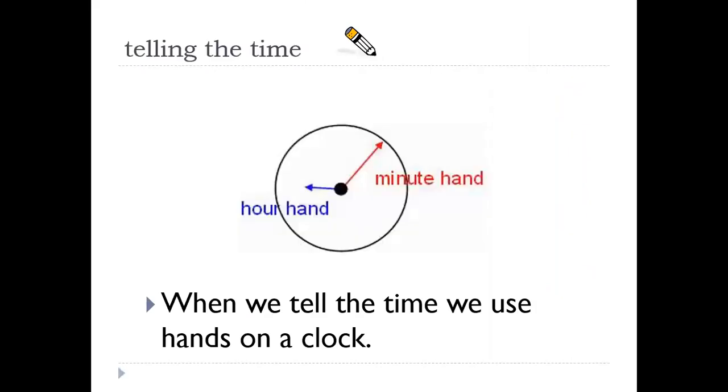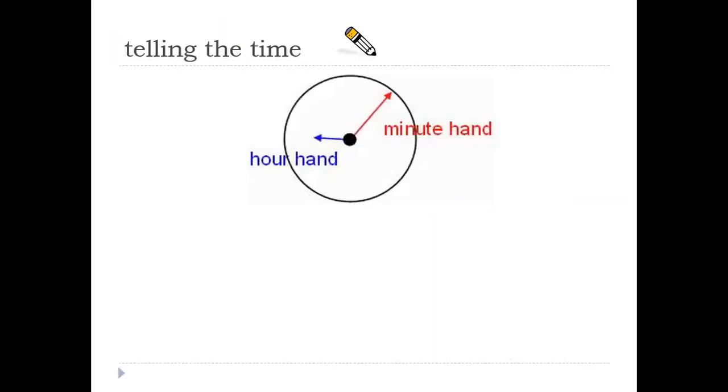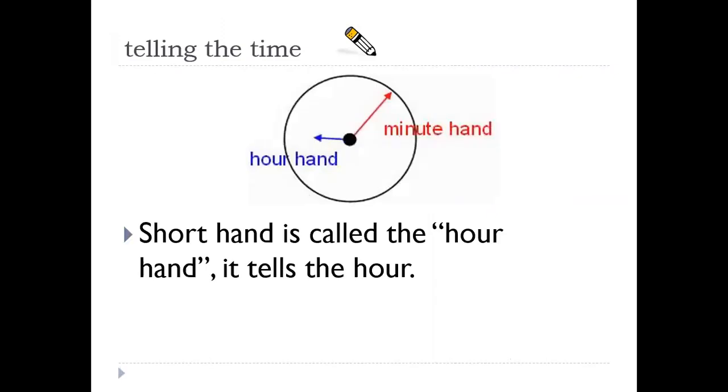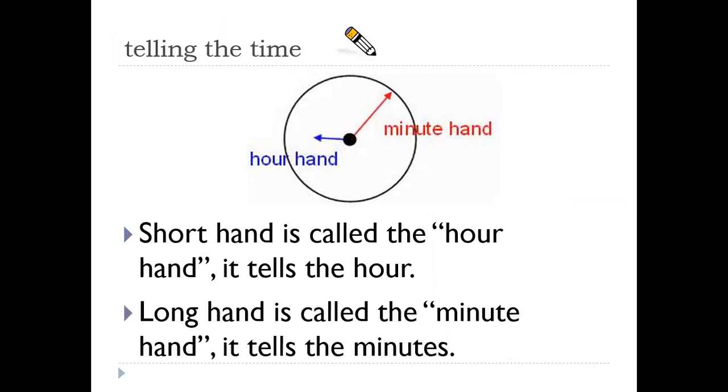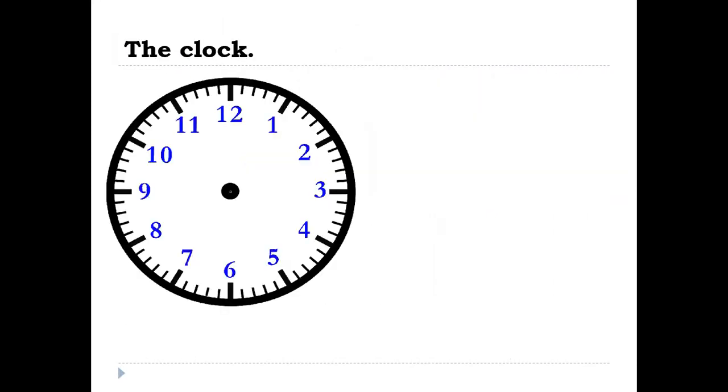So when we tell the time, we use those little lines that you saw. They're called hands. We have a short hand that is called the hour hand, and it tells the hour. And then we have a long hand, which is called the minute hand, and it tells you the minutes passed.